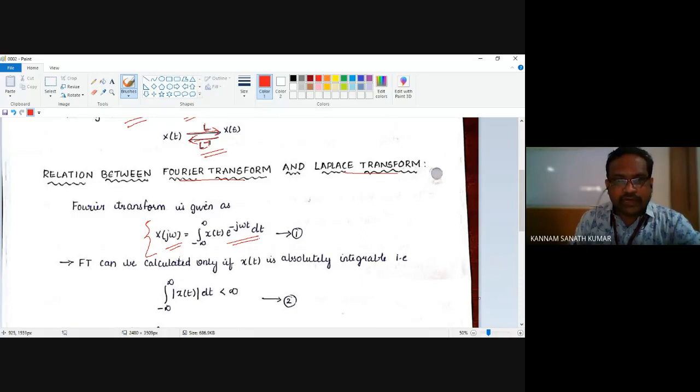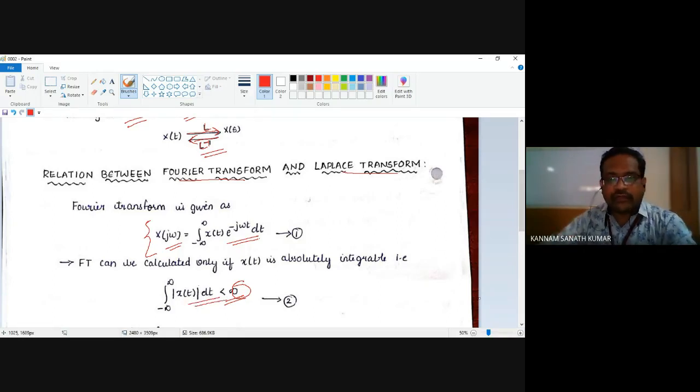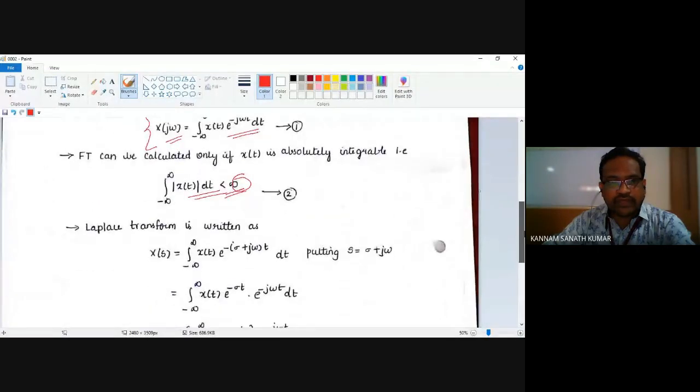That means when you integrate the mod of the signal from minus infinity to infinity, it should be a finite value, less than infinity. When that value is infinity, it is not absolutely integrable. This is the condition applicable for the Fourier transform; you already saw it in the previous chapter.